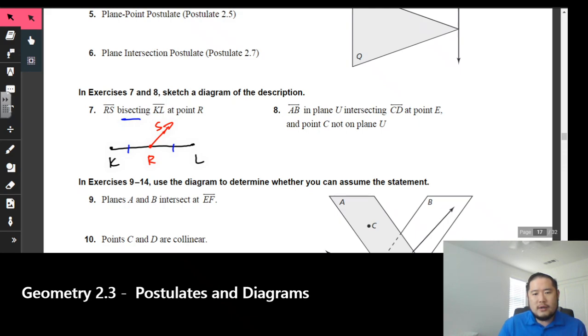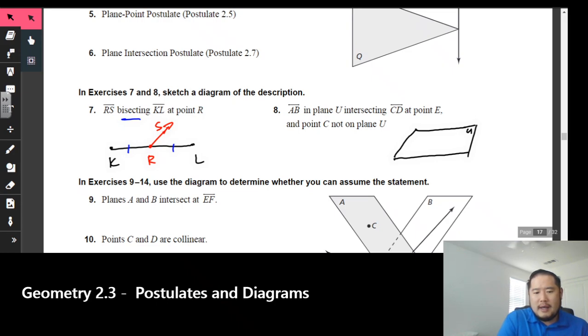All right, let's go to number 8. It says line AB is in plane U, intersecting CD at point E, and point C is not on plane U. This one has a lot of things going on. So in plane U, let me draw myself a plane. And remember, the plane actually goes on infinitely, although it may not look like it right here.